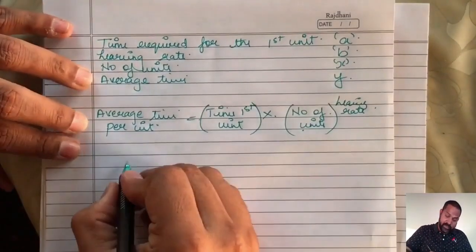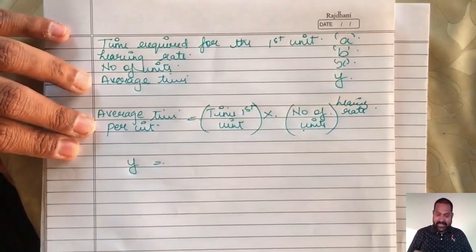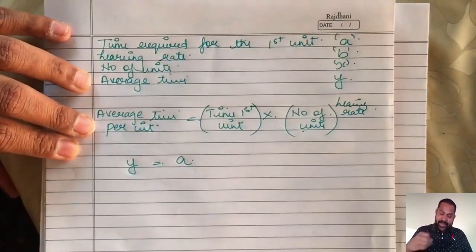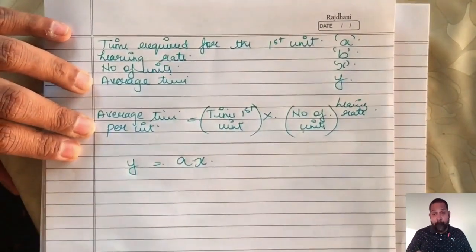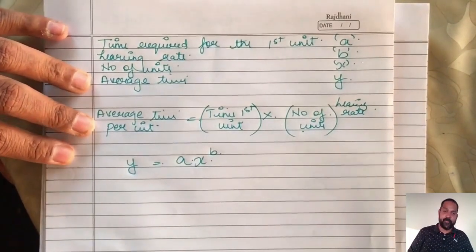Or in other words, Y, which is the average time per unit, is A, which is the time for the first unit, into X, which is the number of units, raised to B, which is the learning rate.